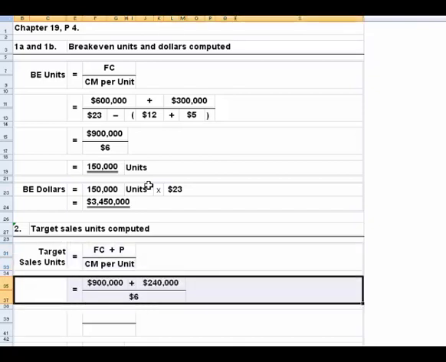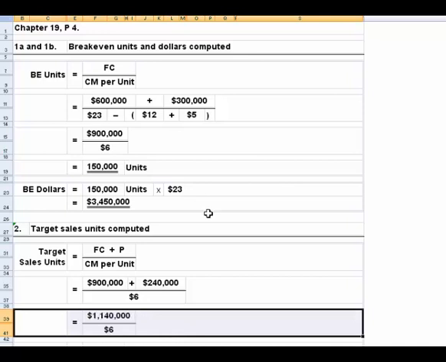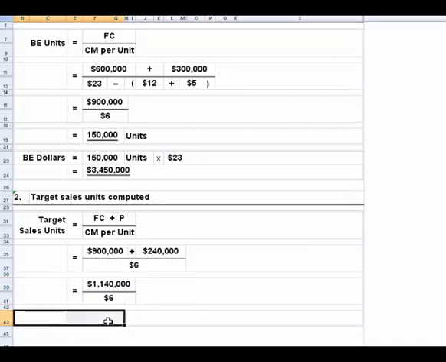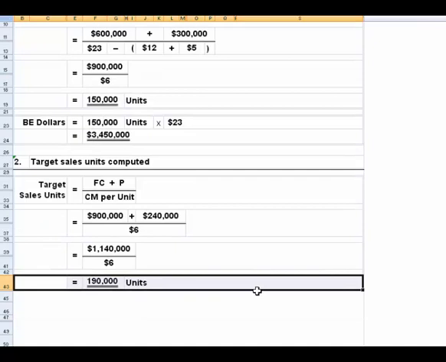So the only thing we need to change is to add in that $240,000 to the $900,000 we already computed as being the fixed cost, divide it by the contribution margin, which we calculated here, and we come up with targeted sales of 190,000 units on this problem.